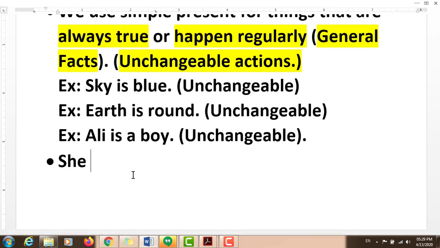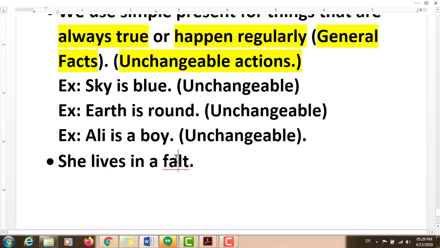For example, she lives in a flat. I'm just tired, guys. So lives, this takes es. This is third person. If you know the rules for third person, I won't explain.